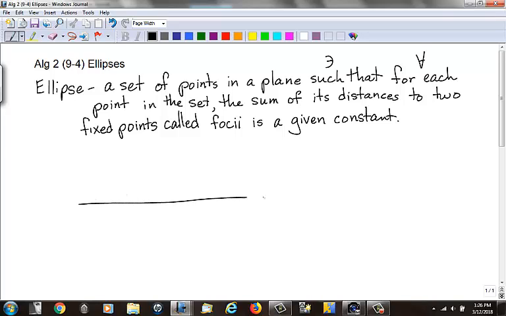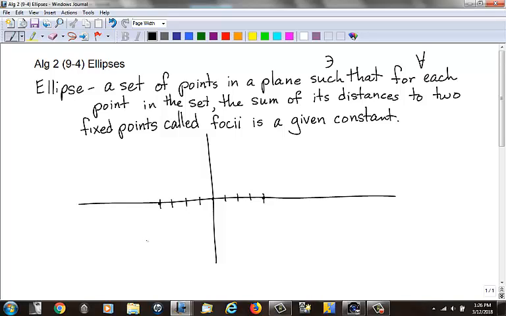Picture-wise, it's going to look like this. All we need is a sketch. On this one, I'm going to put the center of the foci at the origin. So the center is going to be here. Okay, and let's go out 4 and -4 for the foci.